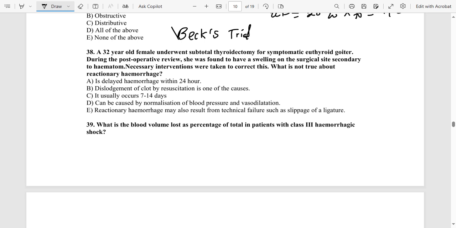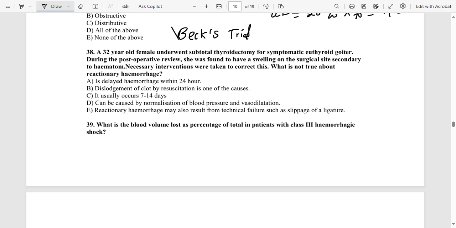So when you look at the options that have been given, A is saying delayed hemorrhage within 24 hours. That's true. B is saying dislodgement of clot by resuscitation is one of the causes. Now that is also true. What happens is that after surgery the body is forming these clots to prevent bleeding.